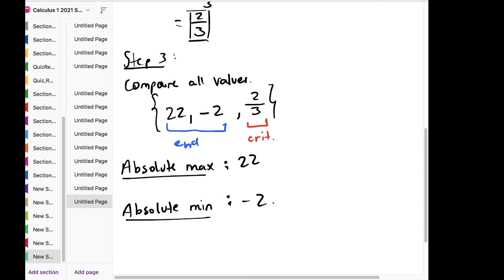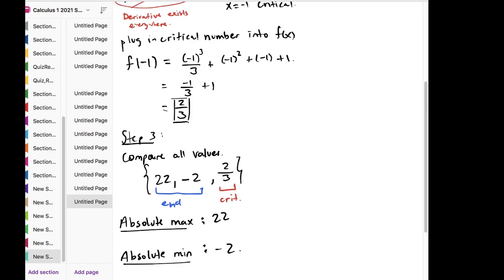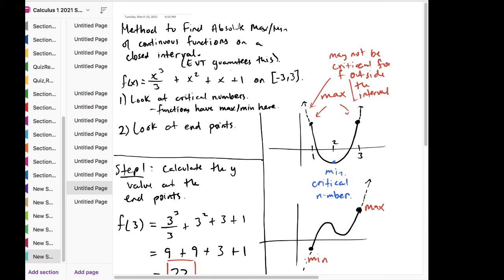So what we're doing is we are looking at, so we have a continuous function, a closed interval. So we know that the critical numbers tell us where a continuous function might be maximal or minimal, right, at critical numbers.